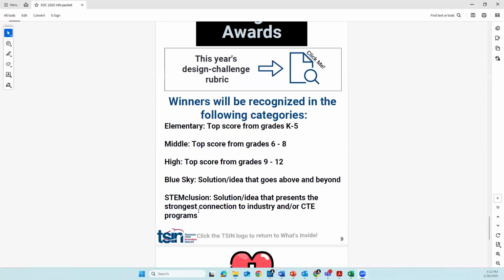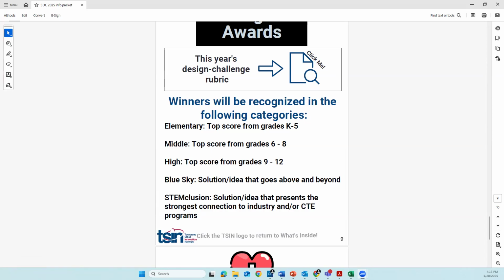What is new is that we are going to provide a free ticket to the teacher of the group for the winners. So if you have a group of students that wins the middle school competition, the students won't be invited to the summit.